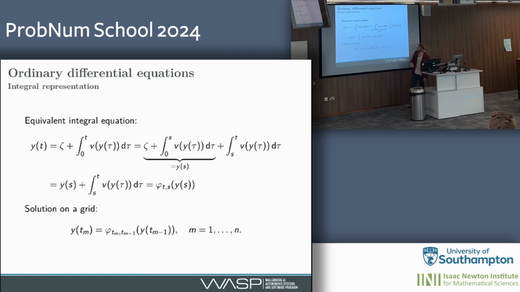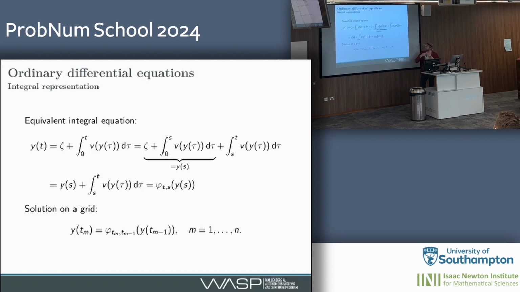If we call this phi of t, s, it's typically called a flow map from s to t. It encodes all the information we need to go from one point to another over some interval.